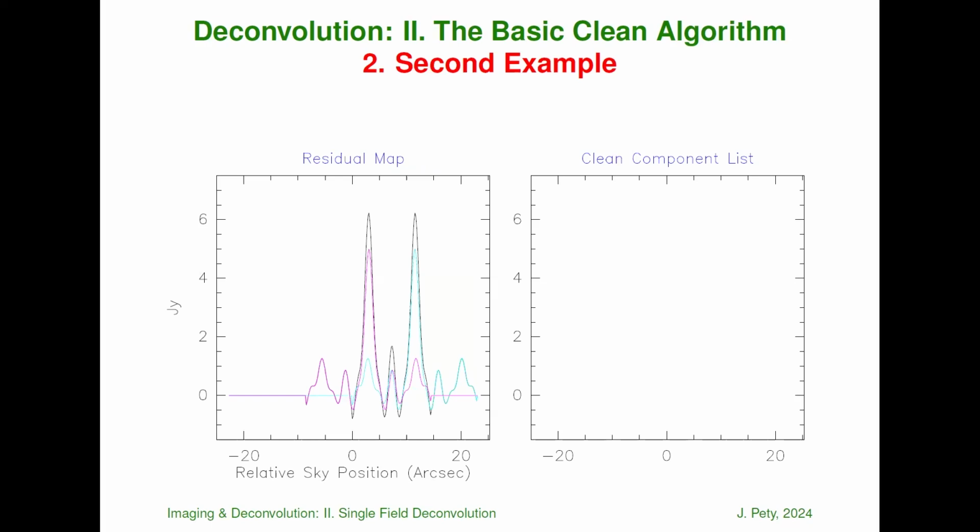Multiplying the first point source by the dirty beam shape, we get the pink curve, and the second point source's flux multiplied by the dirty beam gives the cyan curve here. You just add them to get the dirty image, which is the black curve here.